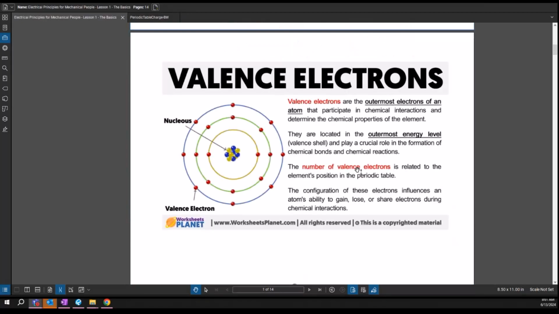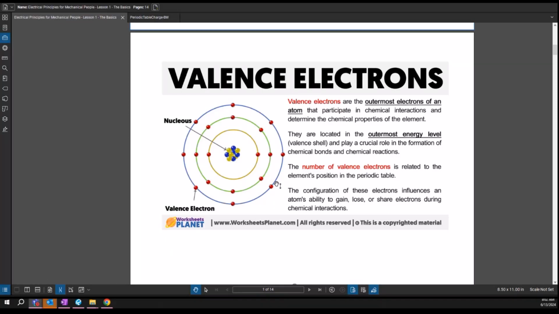Valence electrons. All atoms have what are called valence electrons. You can only fit 2 in this first shell. You can only fit, was it 8, in the second shell, so on and so forth. There's a maximum number of electrons you can fit in each valence shell. And the quantity of valence electrons obviously influences where it's at on the periodic table and the ability to gain or lose.